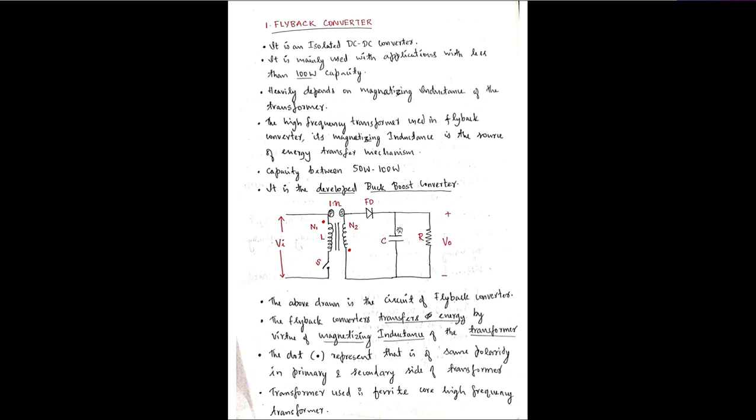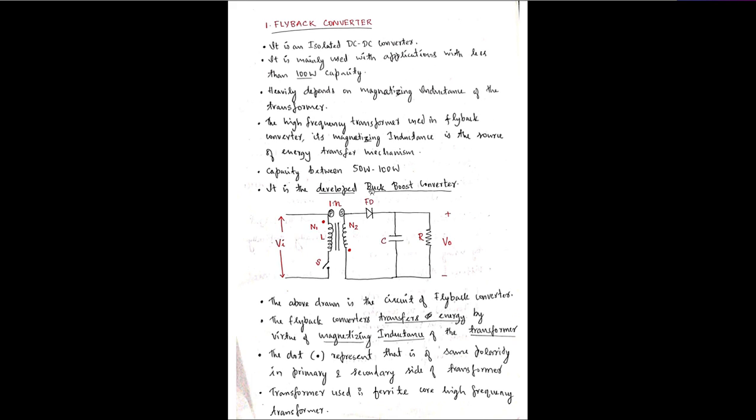A freewheeling diode is there. Instead of inductor, which will be here internally present, then freewheeling diode is there, then capacitance is there, then the output is taken here. Okay, so this is the circuit of flyback converter.